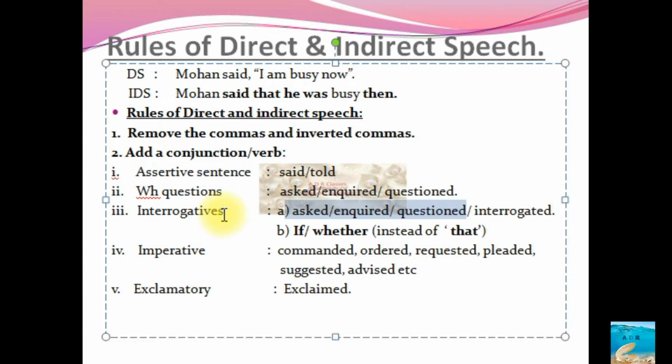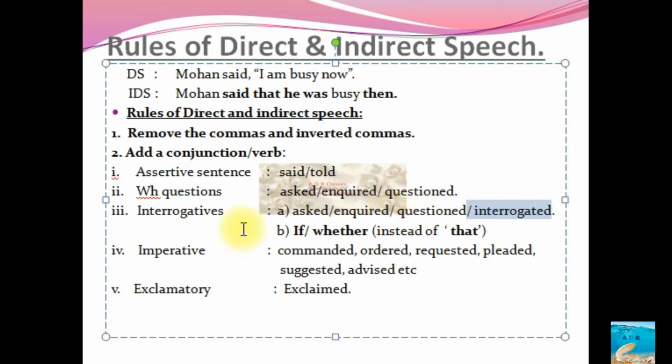So what is the connecting word that you use here? Asked, inquired, questioned, same as you used in WH. You can also use interrogated, which is an extra word here. Mohan interrogated, Mohan asked, Mohan inquired, Mohan questioned. Words like that.